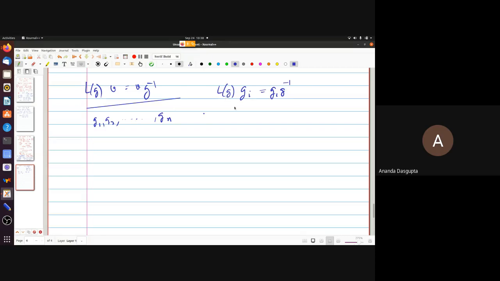This is a group element. And I'm hitting G_i with G inverse. Okay? Now, can you tell me what kind of numbers I will get in the expansion? When I expand G_i G inverse in the basis, what are the kind of numbers I'm going to get?